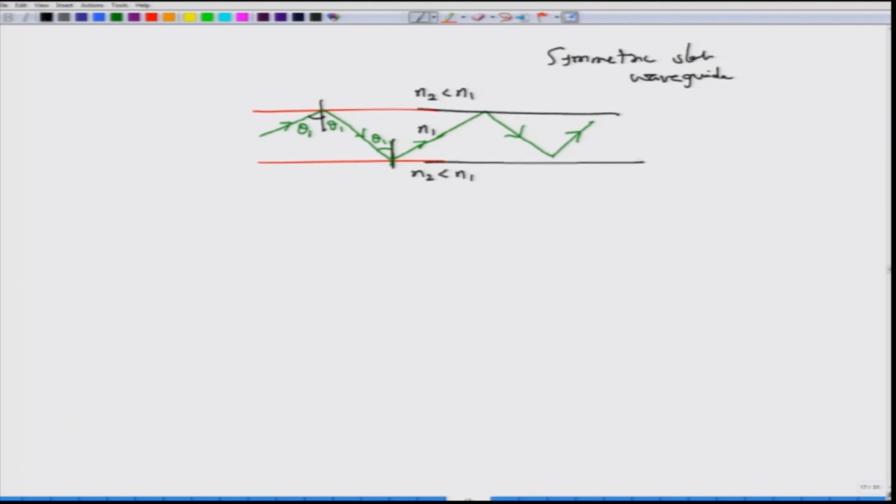Please remember that although I have shown this symmetric waveguide to be a few centimeters long, in an actual integrated optical circuit this will be very short. Moreover, it will not be just straight like this, sometimes it might also be curved. But those are topics of integrated optics which we are not dealing with in this particular course.